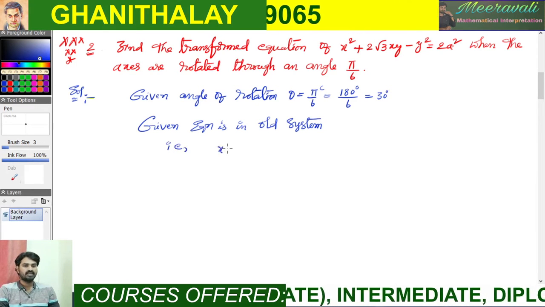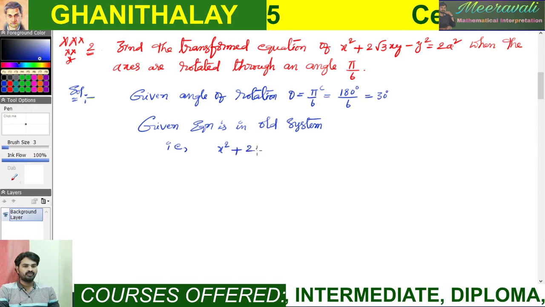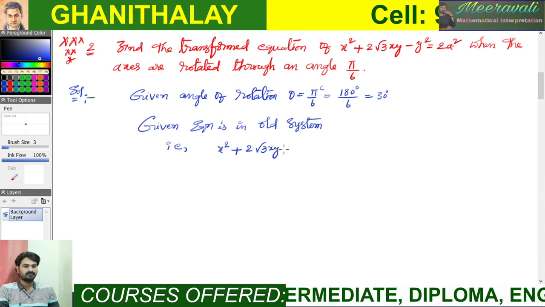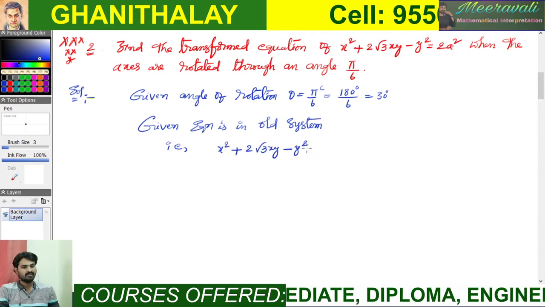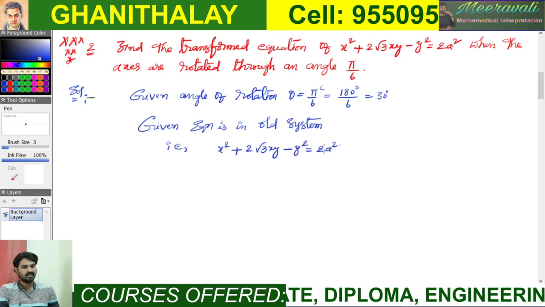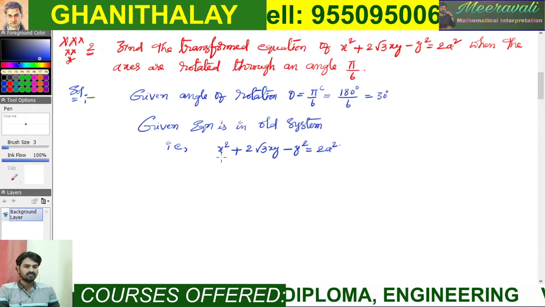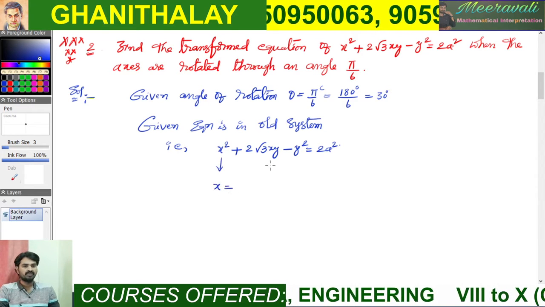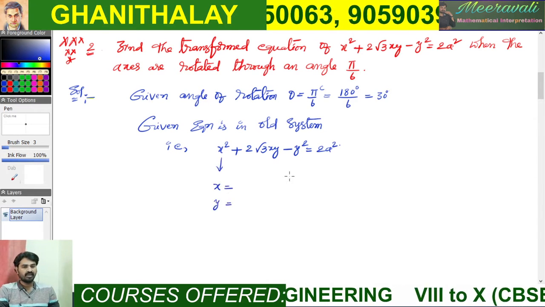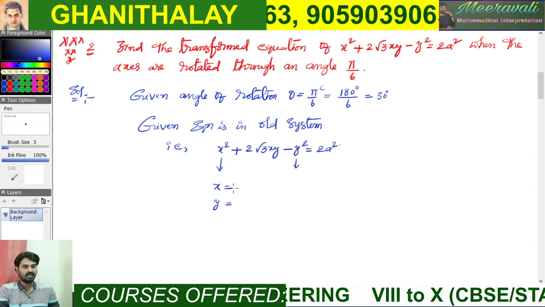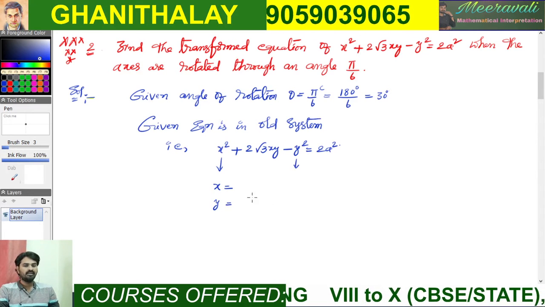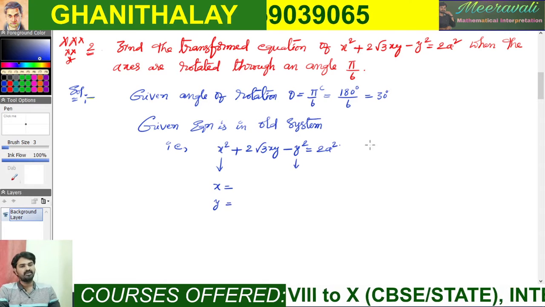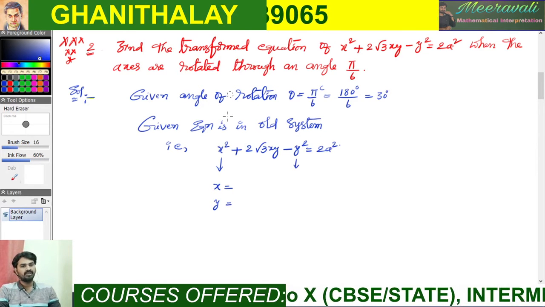So that is x square plus 2 root 3 xy minus y square is equal to 2a square. To find the transformed equation, now we are going to write the small x value and small y value. Small x and small y answers we can find here, and they will be substituted in this equation. You will get the transformed equation.